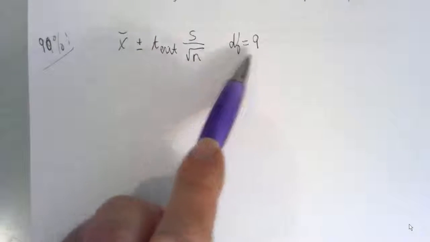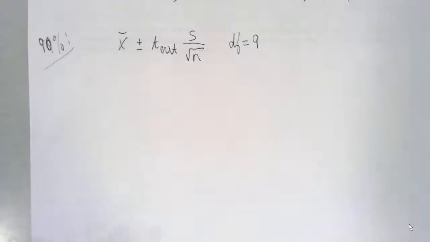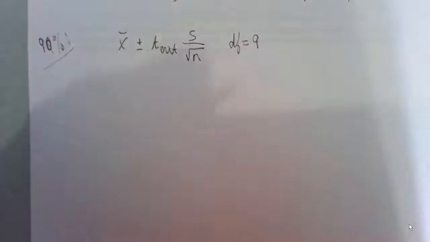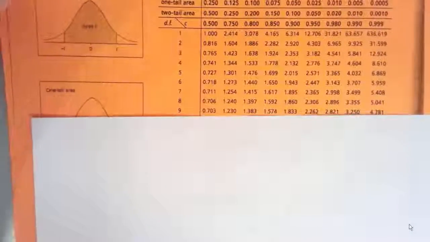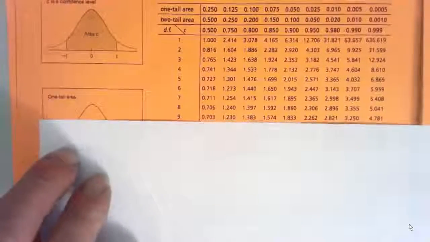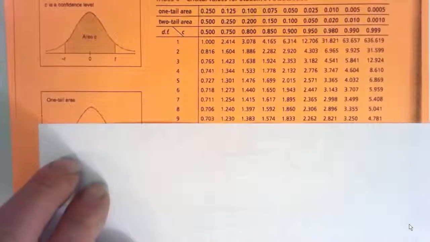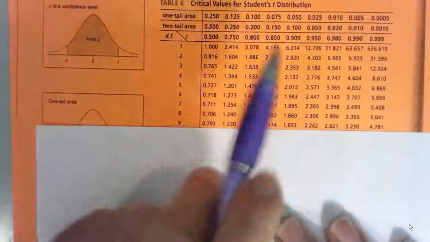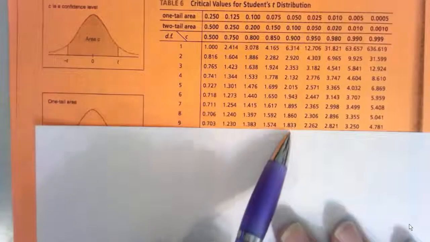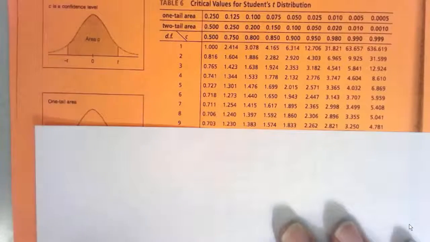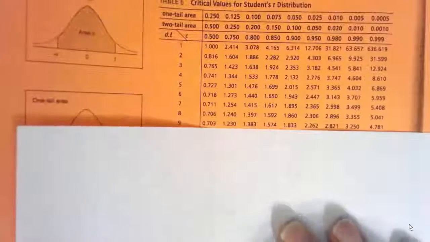Keep in mind again, degrees of freedom is 9, and we're going to look for the 90% critical value. So 9 degrees of freedom right across that row. We want 90% confidence. 90% is this column right here. So 1.833 is the critical value.